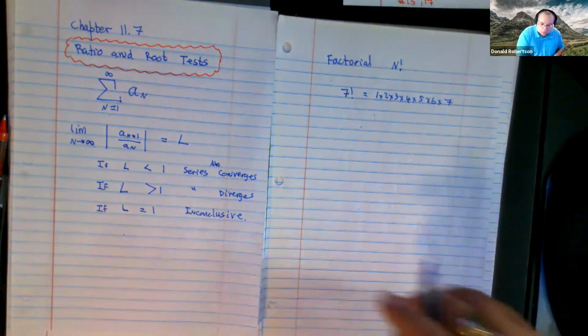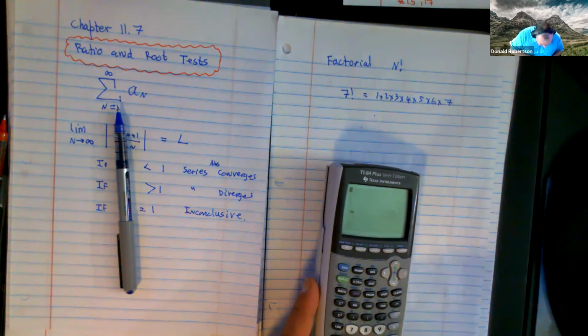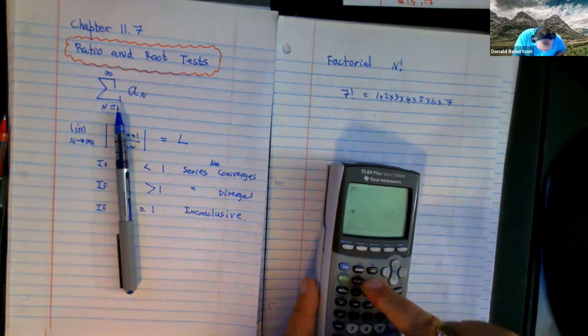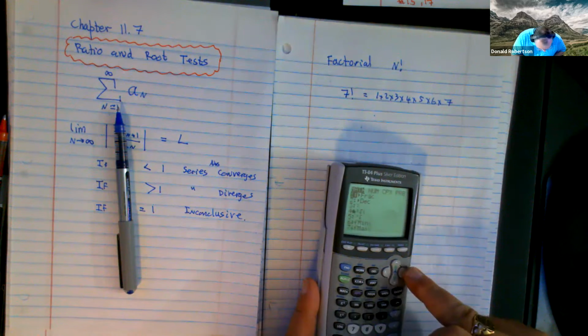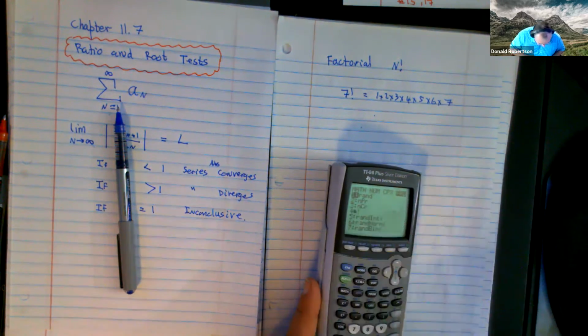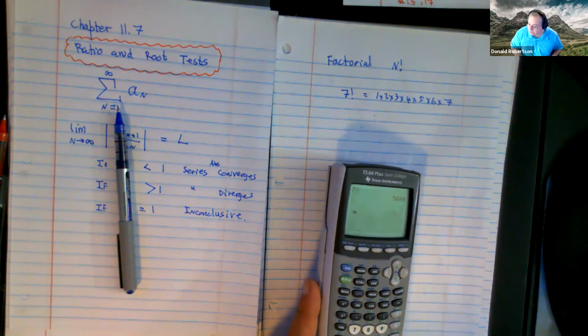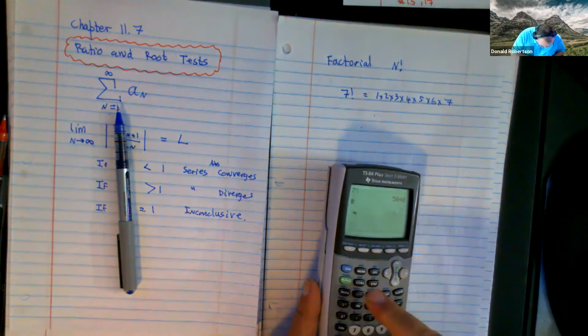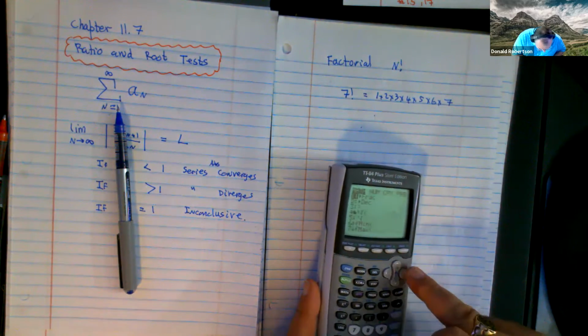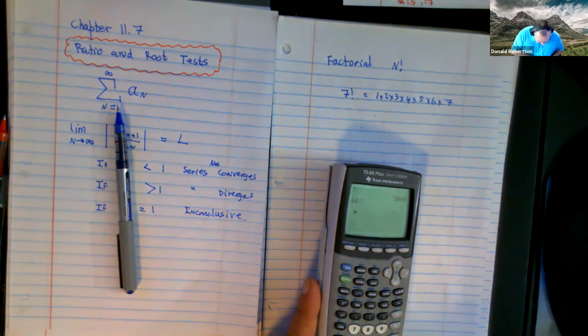And if you want to know where factorial is hidden, let's do 7. I believe I hit the math button and I move over to the end one and it's choice 4. Did you see that? Now, there's 7 factorial. It's already 5,000. Let's do 60 factorial and see if my memory serves me right. 60 factorial is, oh, I'm wrong.